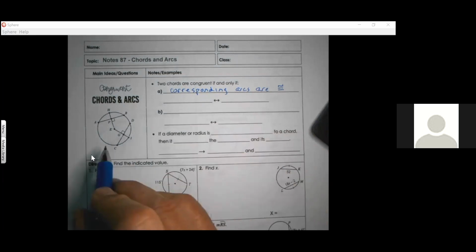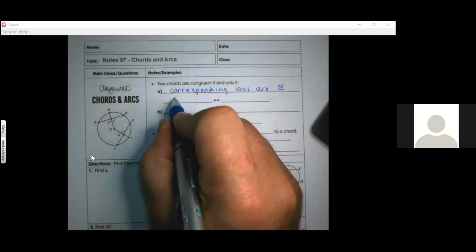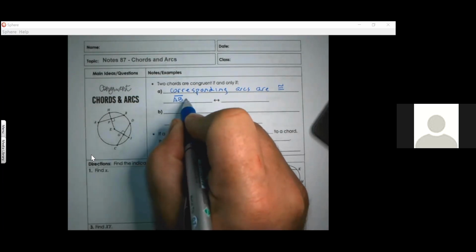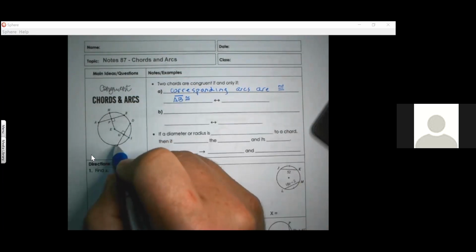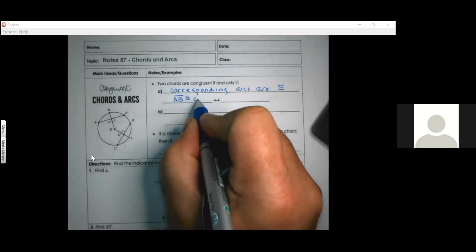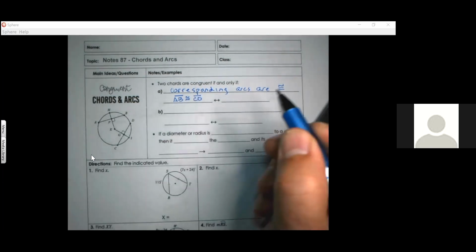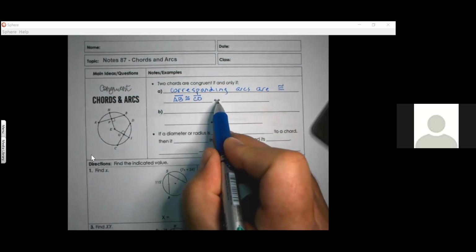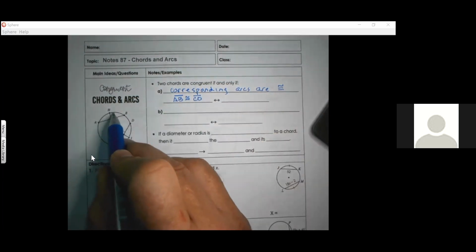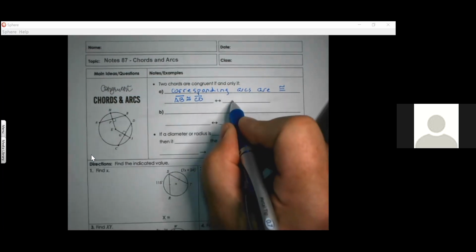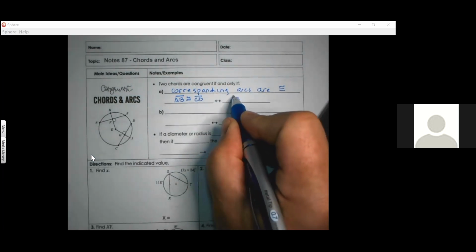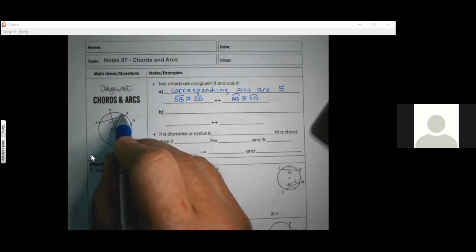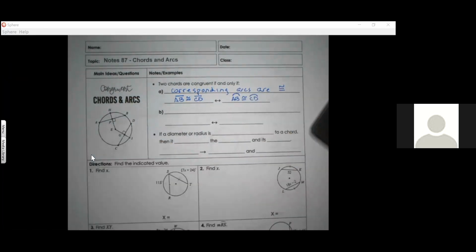In other words, we can say that segment AB is congruent to segment CD if and only if, a biconditional, the arc from A to B is also congruent to the arc from C to D. Unless those are the same distance on this same circle, the chords connecting them can't possibly be the same.